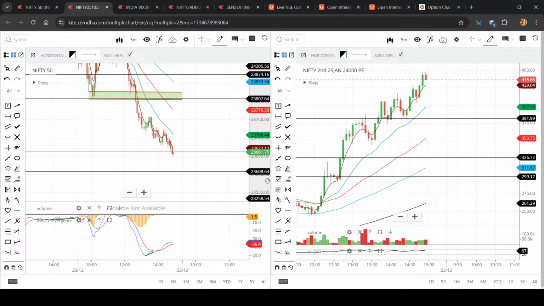So I'll put the stop loss in the system now, right? The price which I want to book my trade at. I'm thinking to book this current trade, and post that will think post 3 p.m. to carry anything or not to carry, right?